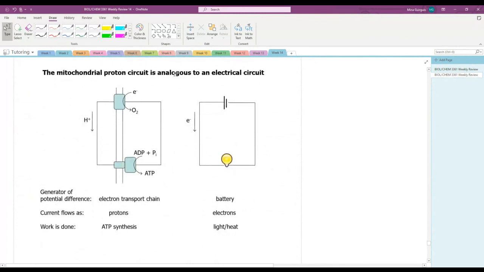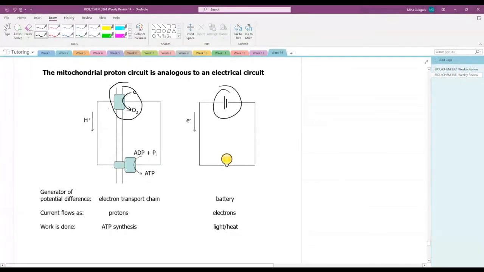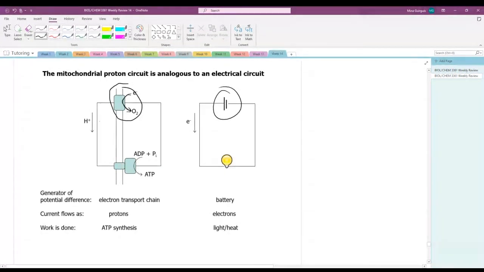Okay, so the mitochondrial proton circuit is analogous to an electrical circuit. This is something that I think is really fascinating. Effectively, what we see here is, this is a battery. What they're calling a battery is the electron flow into oxygen, and then protons flow.